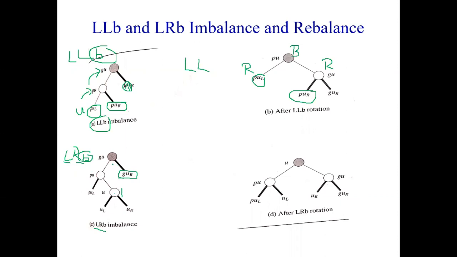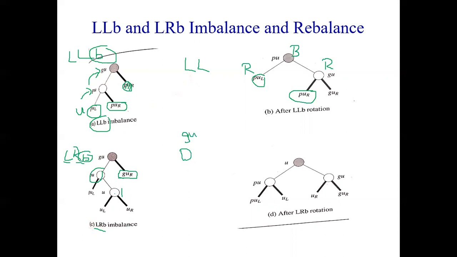Perform a left rotation on GU's left child, that is on PU, first. When you perform a left rotation, what will happen? There is no change in GU. GU is here as it is.